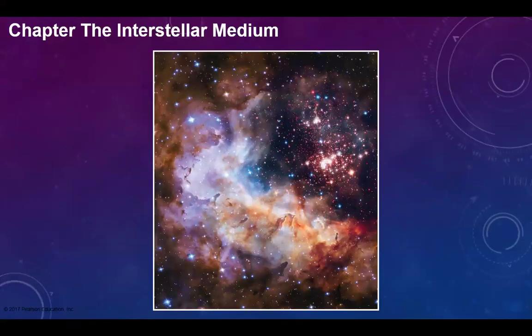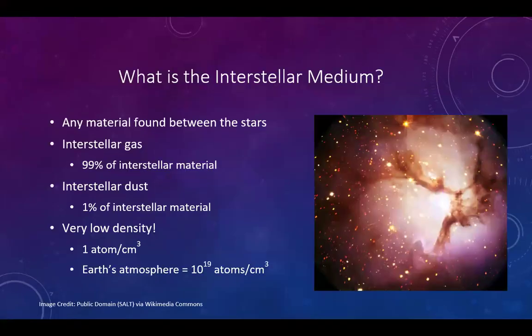So the interstellar medium is the stuff in between stars. When we look at the other material in the galaxy other than stars, which are easy to see, that is any material found between the stars. 99% of interstellar material is just gas, hydrogen and helium floating around in space.